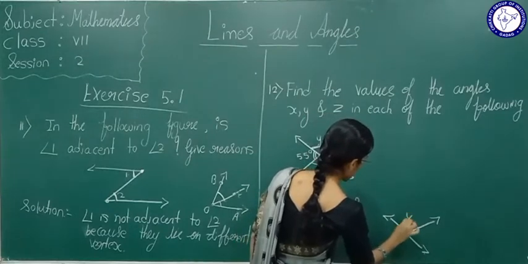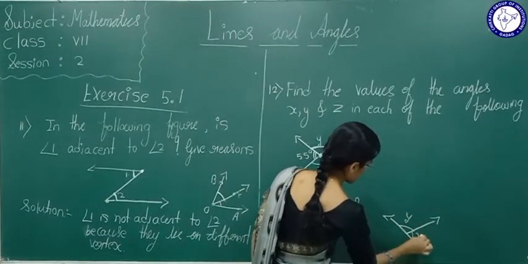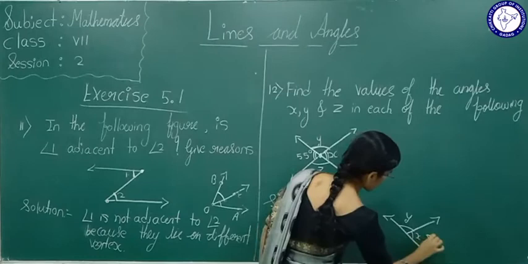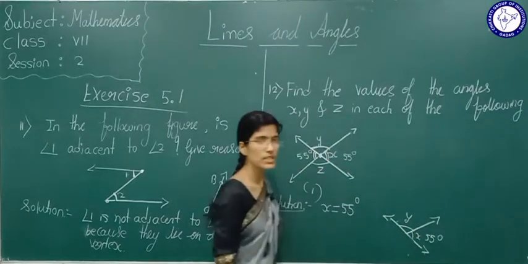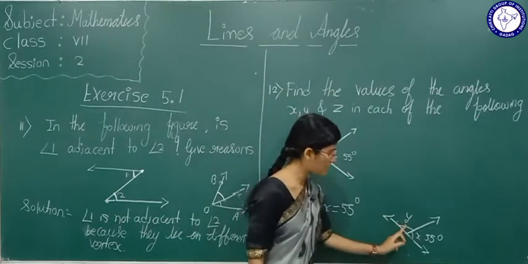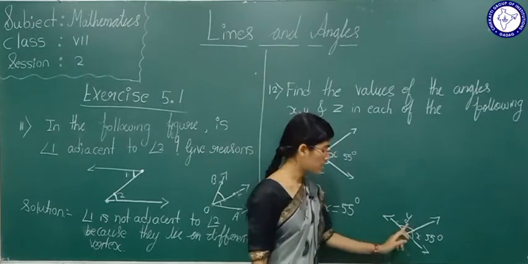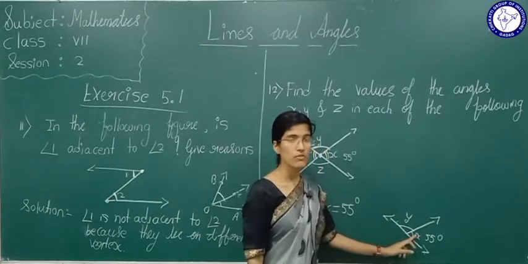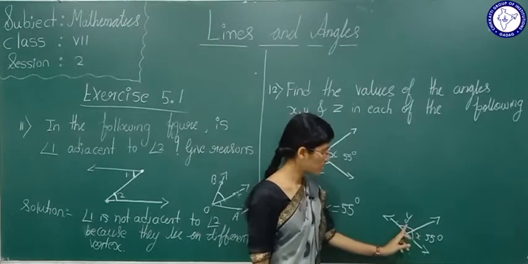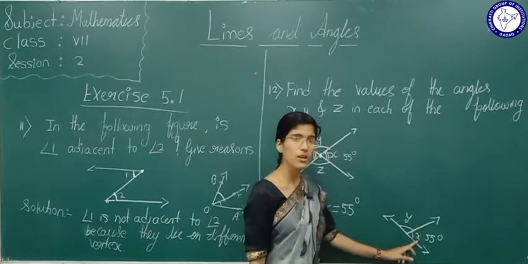Here this is y, this is x. This x value we got as 55 degrees. This full angle is 180 degrees because these two are adjacent angles. Yes or no? Adjacent angles whose sum is 180 degrees form a linear pair, so the sum of the full angle will be 180 degrees.